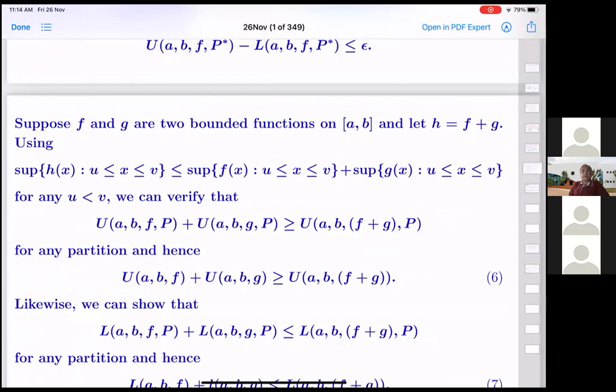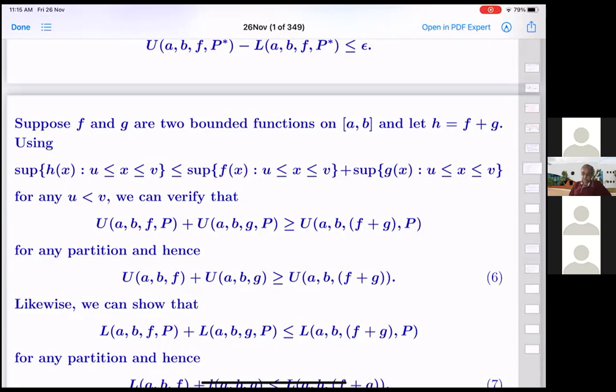And we can cook up lots of examples. f can be equal to 1 on the interval 0 to half and is 0 from half to 1. And g could be the other way. And therefore, the upper bound of each is 1, the upper bound of the sum is still 1 in the interval.